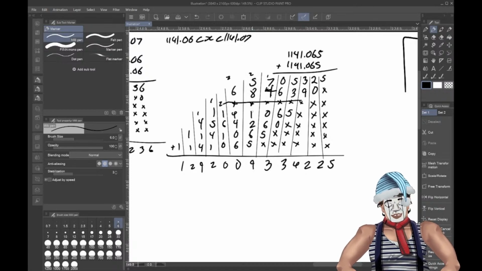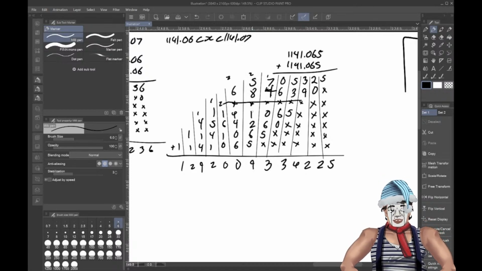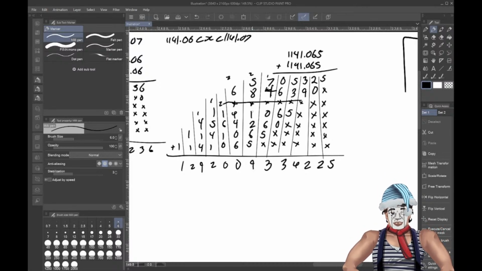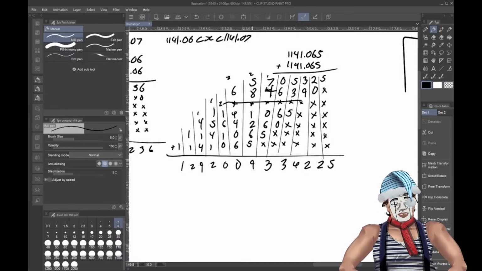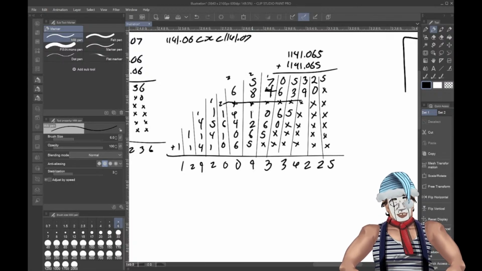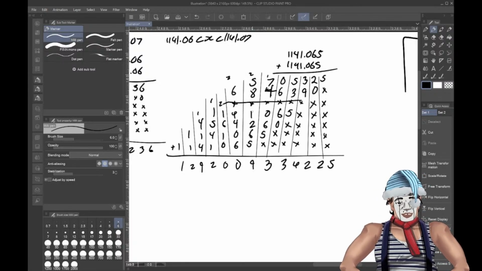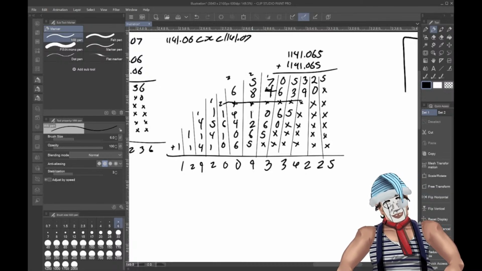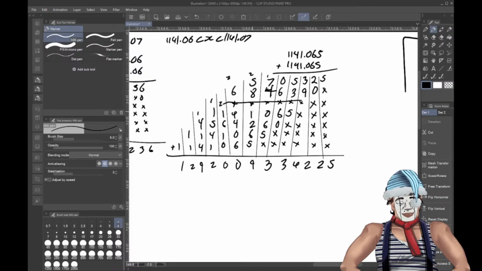Let's see here. The mistake is right here. But how? 3, 3, 4, 2, 2, 5. What did I get wrong? Looks good. That's good. That's good. That's fine. That's fine. And then here. What do I get? Okay.